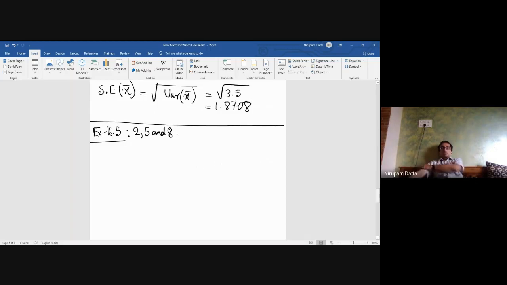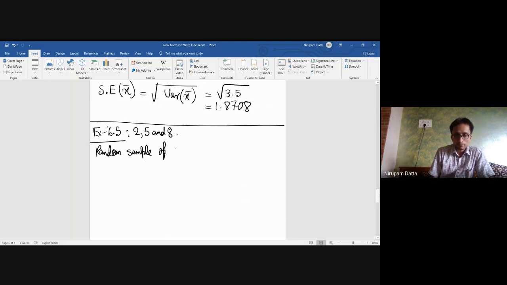Okay, 2, 5, and 8 are the only three values in the population. So we will have to draw a random sample of size 2 with replacement.